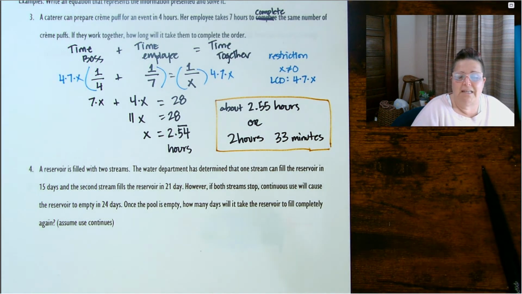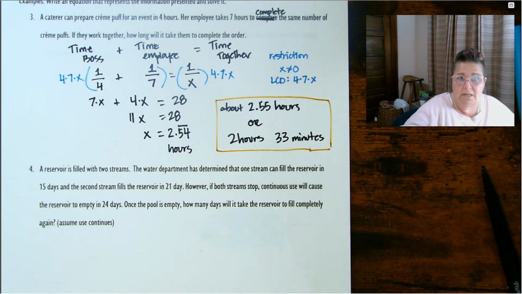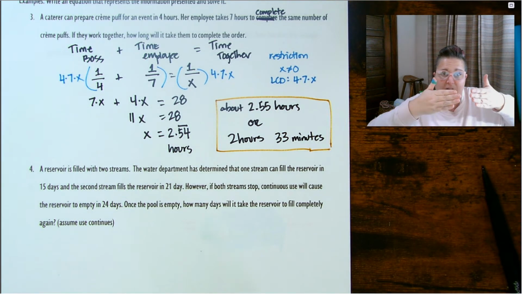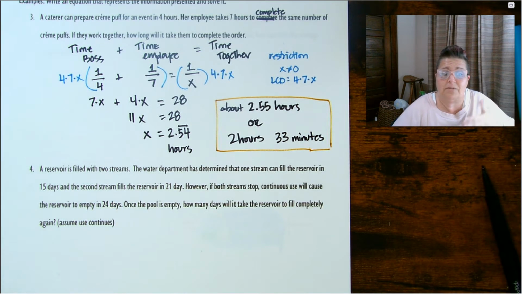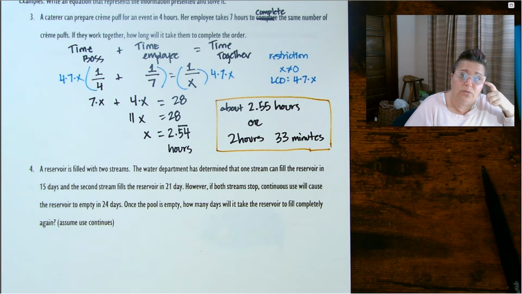If it's only the second stream, then it takes 21 days to fill, a little bit longer. However, if both streams are stopped and we're just using the water, it goes empty in 24 days. Once the pool is empty, how many days will it take to fill the reservoir completely again?